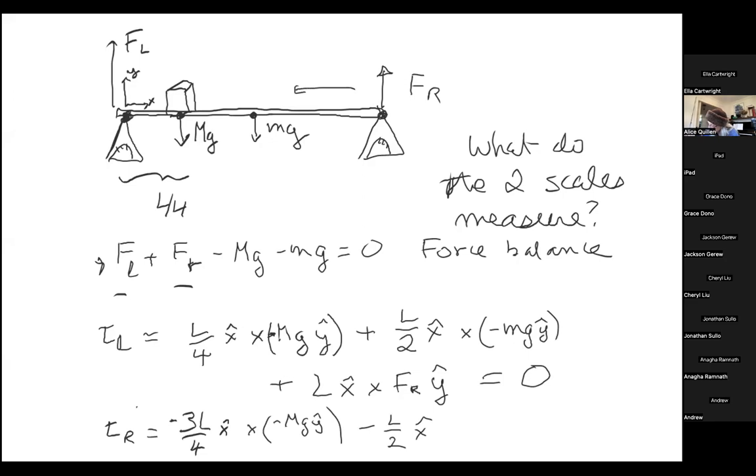So we have minus x times minus mg y. And now the force from the scale on the right doesn't contribute because it's at the pivot point, but the force from the left scale does contribute. So you have minus L x hat cross FL y hat.